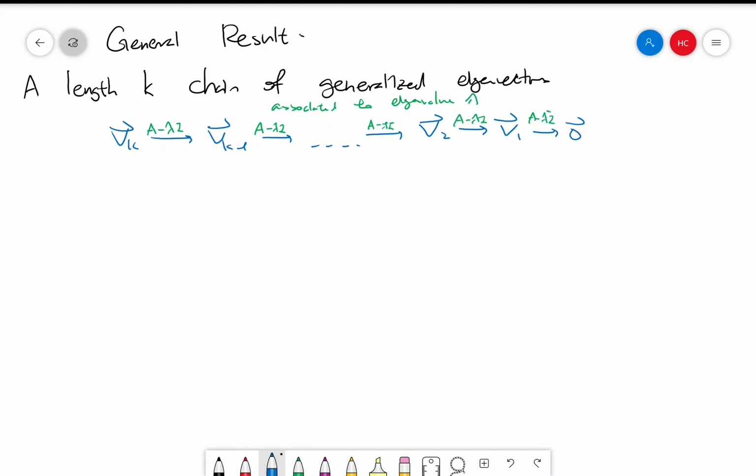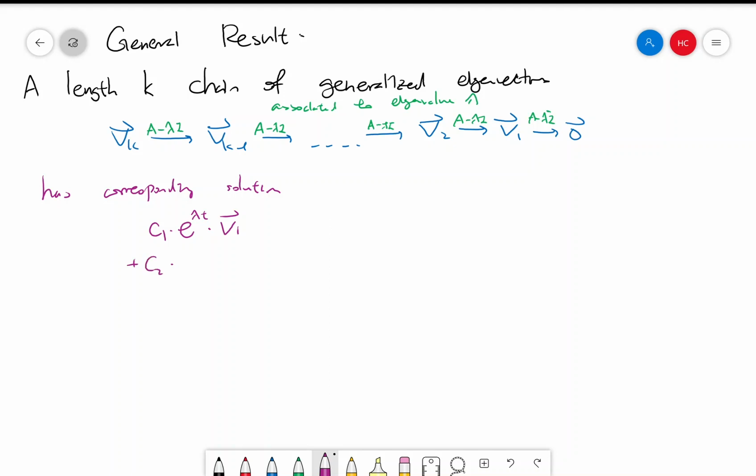Okay, this gives you a solution. Has a corresponding solution. So we have C1 times e to the lambda t times V1, because V1 is the eigenvector, and from here the terms start piling up.